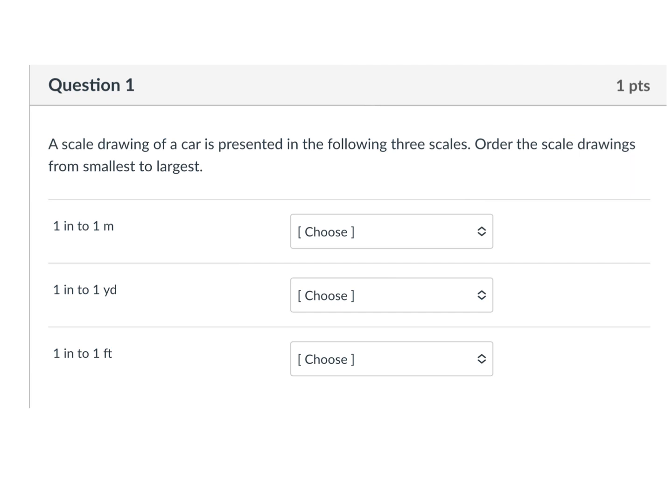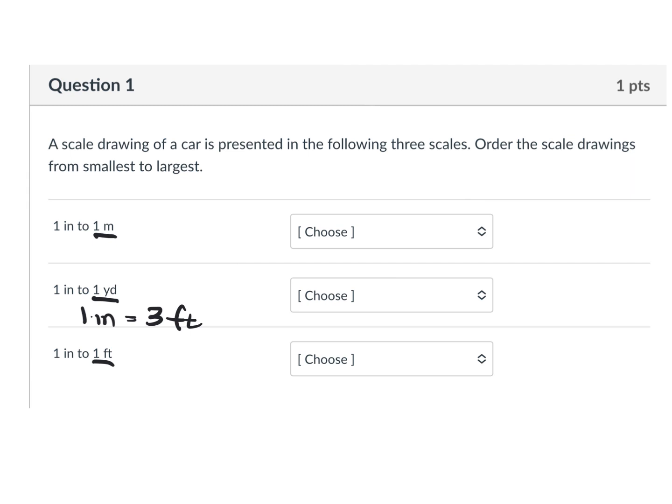So if you notice here, I have 1 meter, I have 1 yard, and I have 1 foot. Okay, they're all different units of measurement, so we need to turn them all into the same unit of measurement. Okay, 1 yard is 3 feet, so we can change this to 1 inch equals 3 feet, and 1 meter is a little bit bigger than a yard.